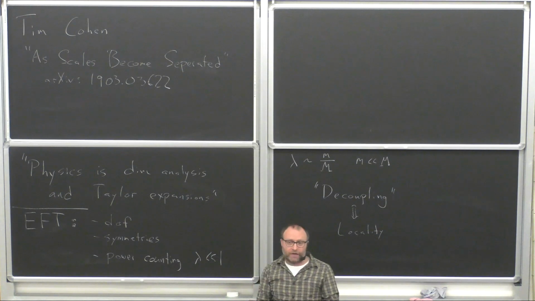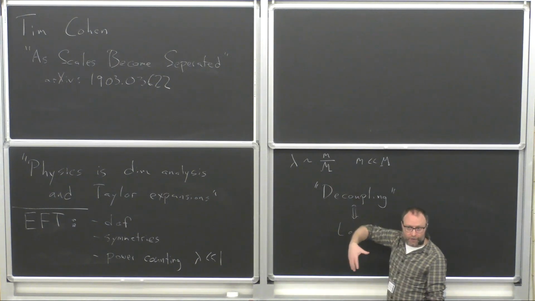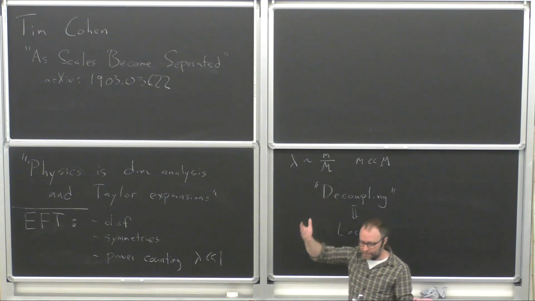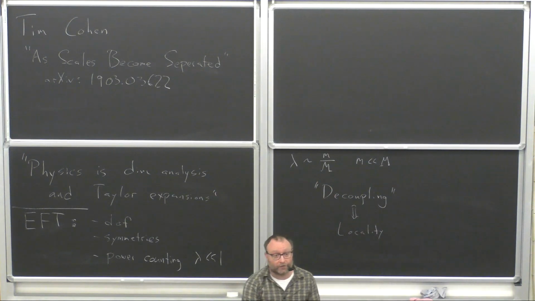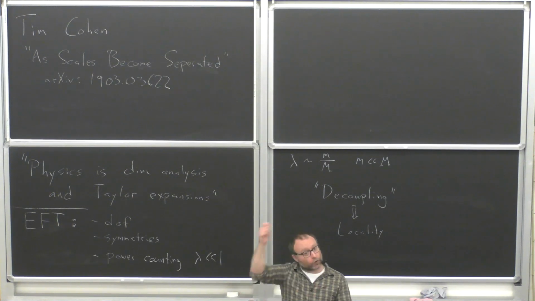At tree level, it's almost trivial to see that this happens. The propagator has a heavy mass in it after all, and so its influence becomes smaller and smaller as you make the mass bigger and bigger, because it scales like 1 over M squared for a scalar. Nonetheless, in loops, this can be quite confusing, because loops integrate over all momenta.